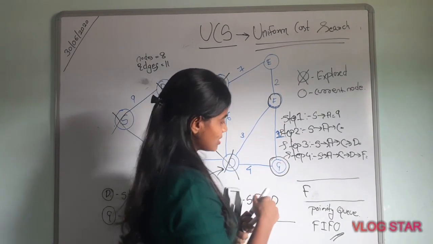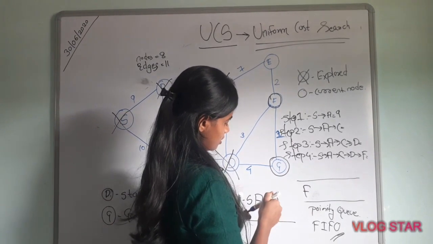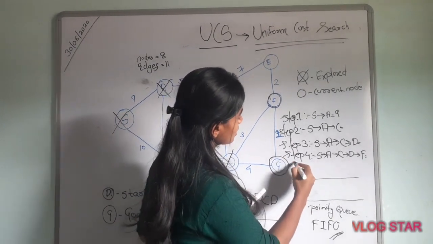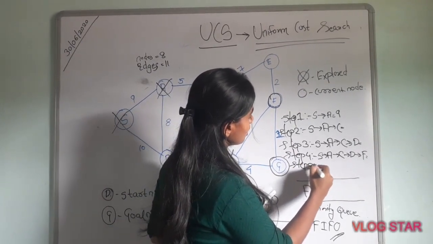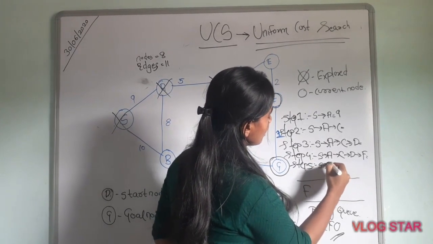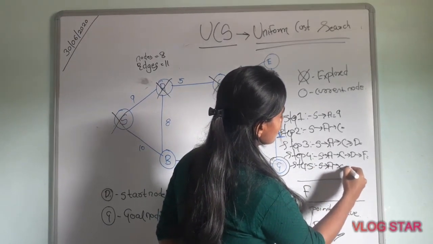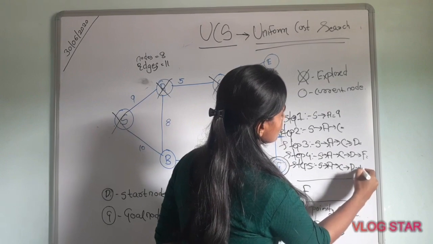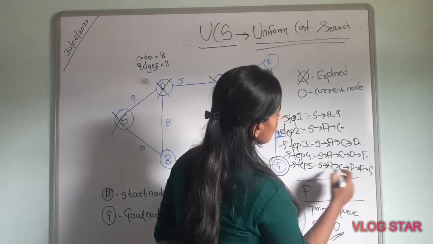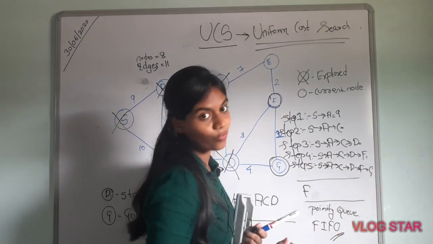So our fifth step is S is connected to A, C, D, F, and G. Now we have reached the goal node.